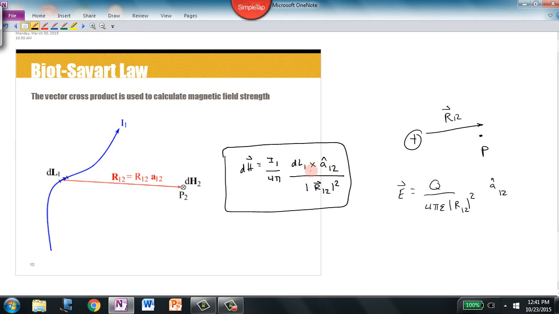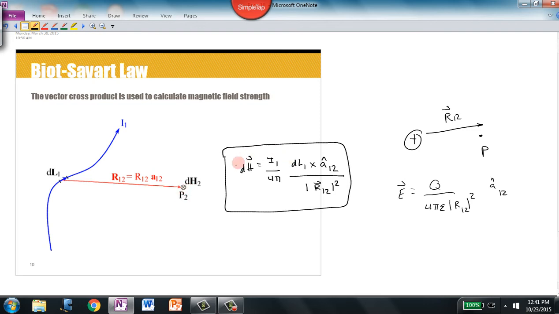And the reason we need to do this is because unlike in this case where the electric field strength is in the same plane as the vector pointing from the charge to the point in space, for magnetism, the vector is actually, as I've noted in this drawing with this x, at a right angle. It's perpendicular, normal, or orthogonal to the differential length element right here. So you can see, in this case, I've indicated via the right-hand rule that the differential magnetic field element is going to point into the page.